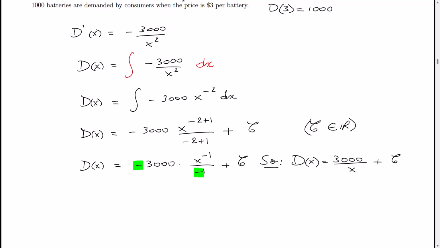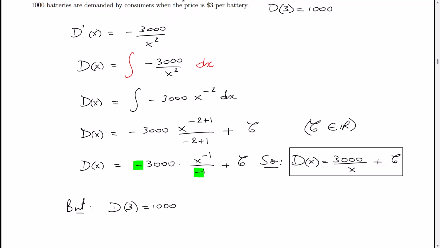So usually, this is where the problem ends. However, it's not over for this one yet because of the given information. So I'm going to write down, but wait a second. I remember you told me that the demand when the price is 3 is actually 1,000. So in other terms, if x takes on the value 3, the answer should be 1,000.